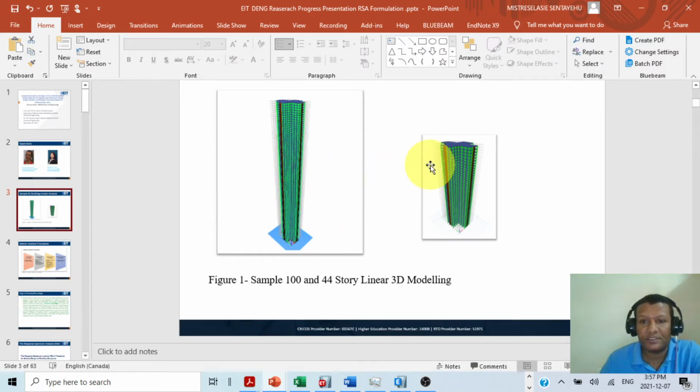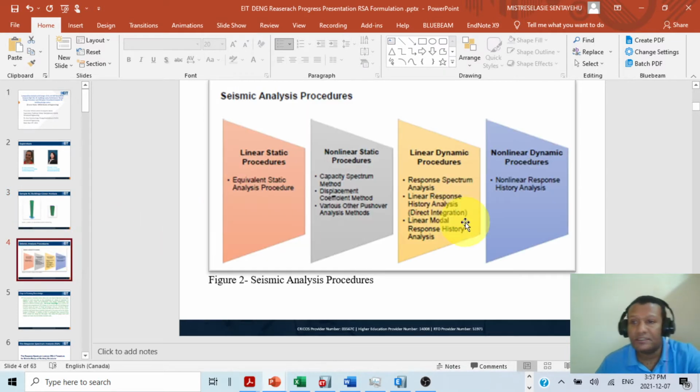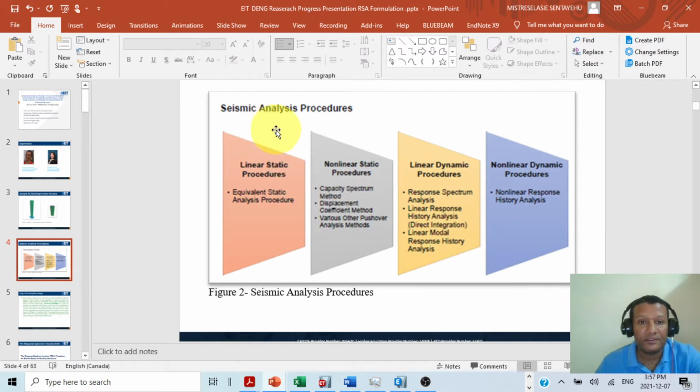Even in the last video I showed the modeling part, and we performed classical model analysis on these two models. We found the natural periods and frequencies of our buildings, and we checked the health of the building as well. So in this research, this is the seismic analysis procedure.